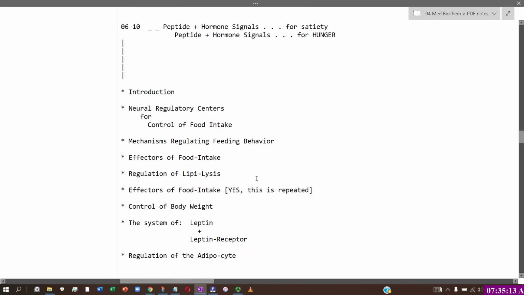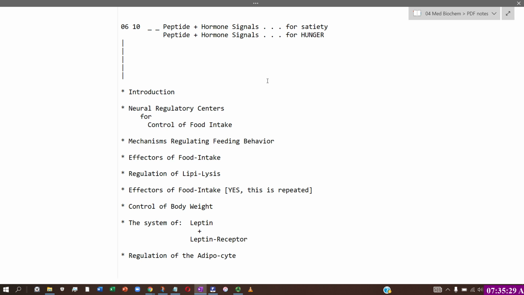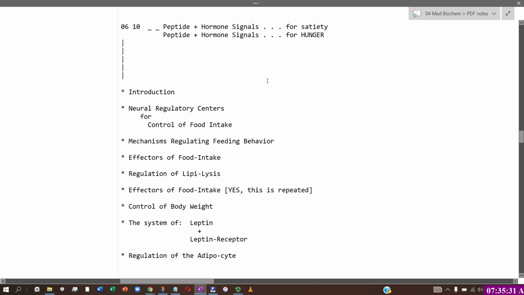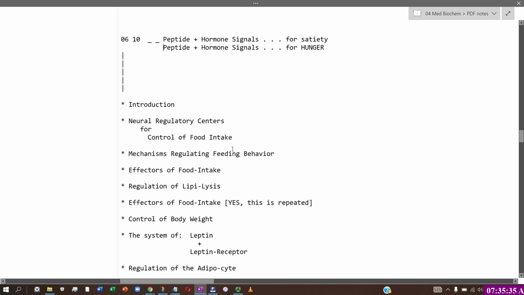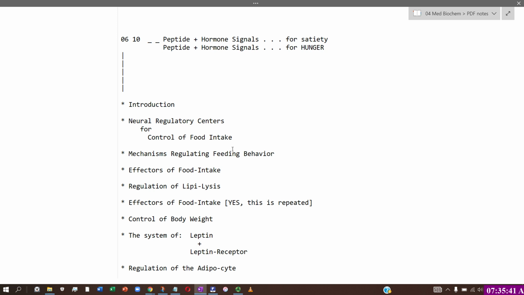So number 10 is called peptide and hormone signals for satiety. And then also it's called those same peptide and hormone signals. Those signals are involved in hunger. So the first subtopic is an introduction, followed by neural regulatory centers for control of food intake.